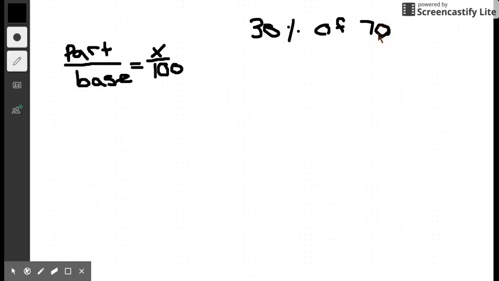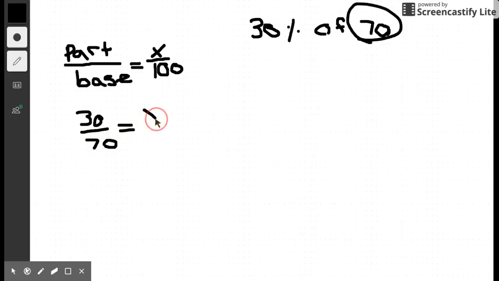So in this case, 30% will be the part, 70, which is the total amount, will be the base, and this will remain the same. So let's set it up. 30 over 70 equals x over 100.